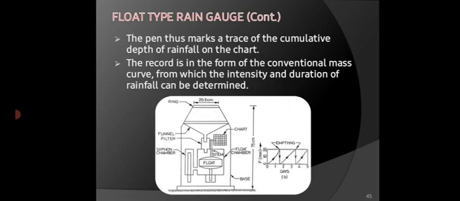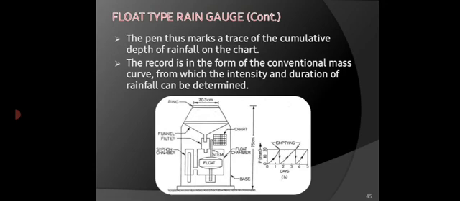So due to this movement of the pan and the revolution of the drum, we get a curve which is known as a mass curve, and with the help of that chart we get the intensity and duration of rainfall, right?